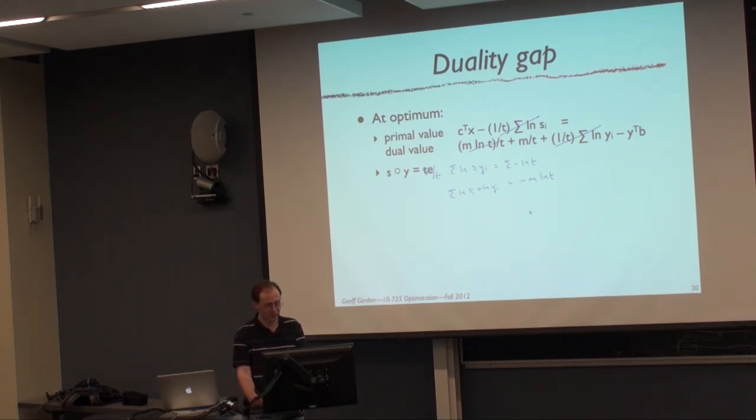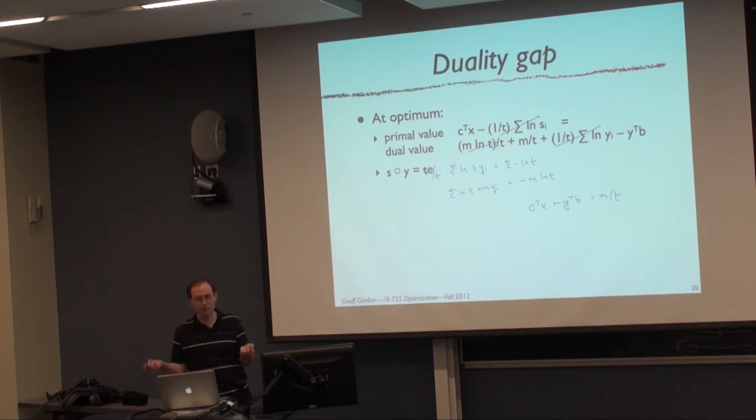And so we just write this whole thing out as c transpose x plus y transpose b is equal to m over t, right? So the duality gap is just m over t. So there's this beautiful correspondence between the primal and the dual central paths, in that from a point on the primal path you can get a point on the dual path and vice versa, and those points have a known duality gap that depends on the t that you chose, right?